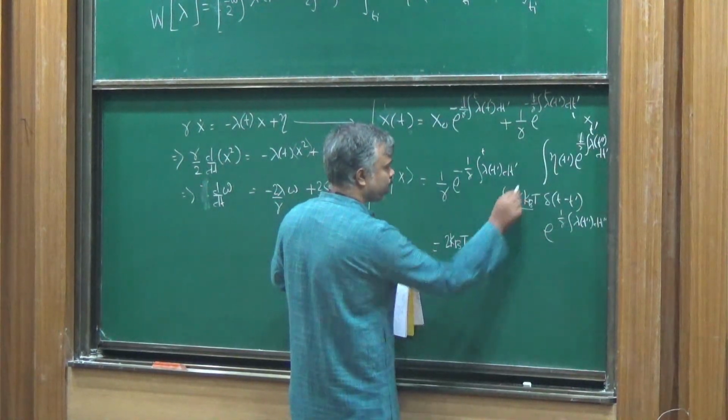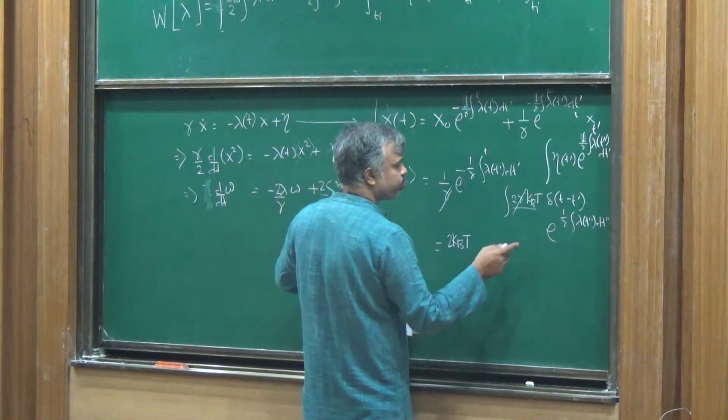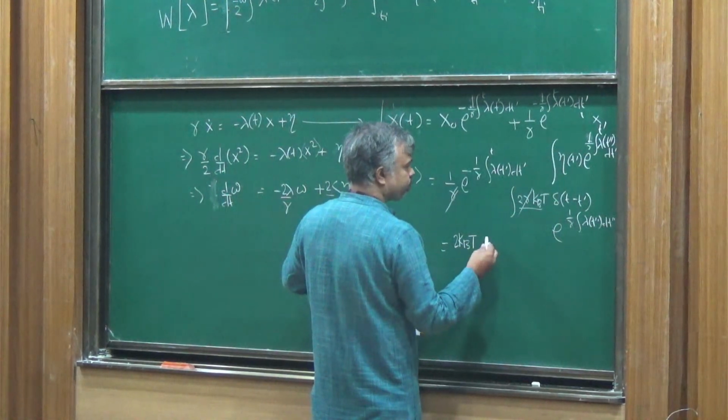But this gamma cancels out, 2 kBT, and then you have half like this.